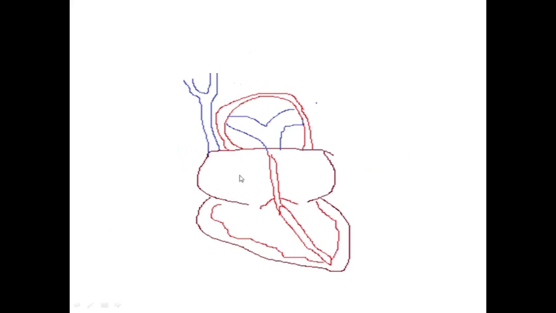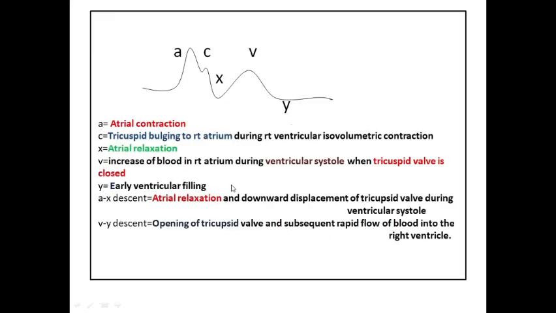So we will see this. This is the heart, the right atrium, right ventricle, the superior vena cava, internal jugular vein, and external jugular vein. The A wave is produced due to atrial contraction, in the last phase of diastole, atrial systole. The tricuspid valve is open to the right ventricle and the blood collects in the right ventricle.